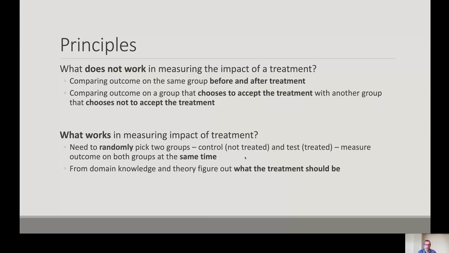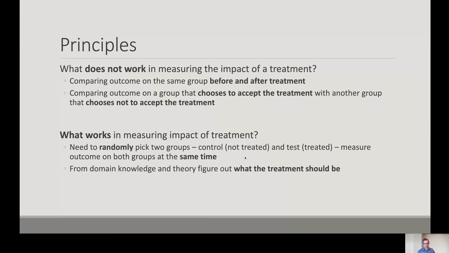And this systematic difference is what actually creates a bias in the coefficient of the treatment, or the advertising in this case, right? So that never works. So always remember, the bottom line is that we have to randomly pick two groups, the control group and the treated group, and we have to measure outcomes on both of these groups at the same time.